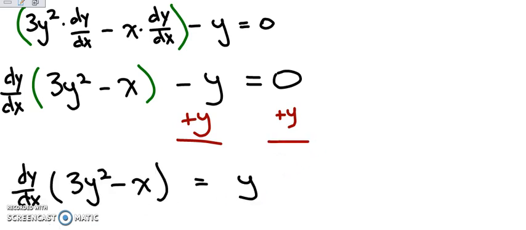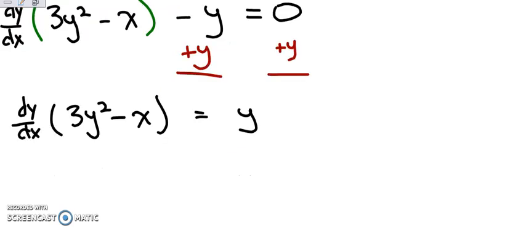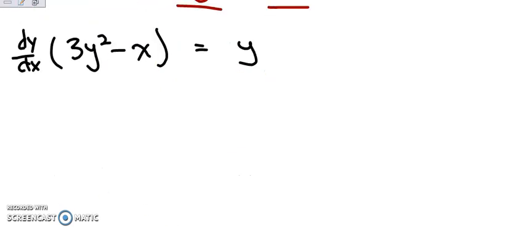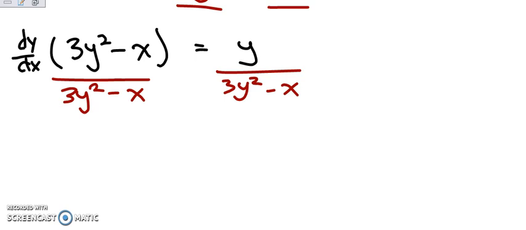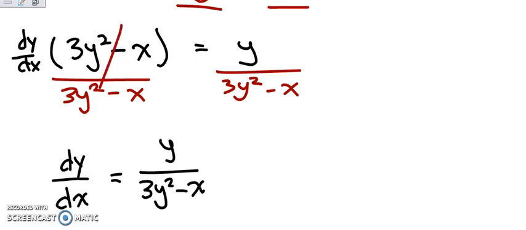And I can divide both sides by 3y squared minus x to get the final derivative of dy over dx is equal to y over 3y squared minus x. Now, we want the slope of the tangent line at the point 7, 2.